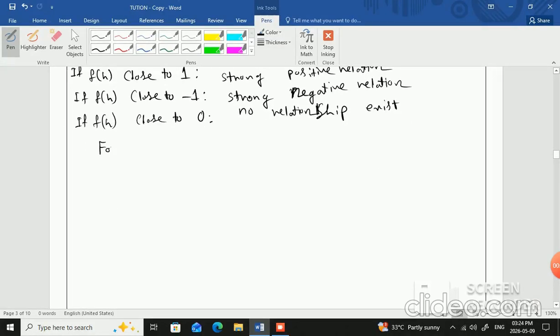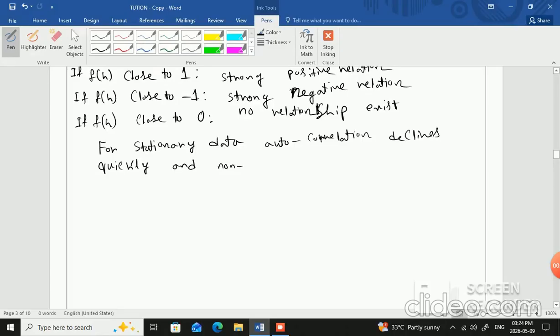For stationary data, autocorrelation declines quickly, and for non-stationary data, autocorrelation declines slowly.